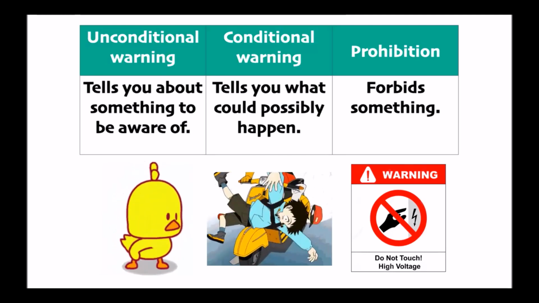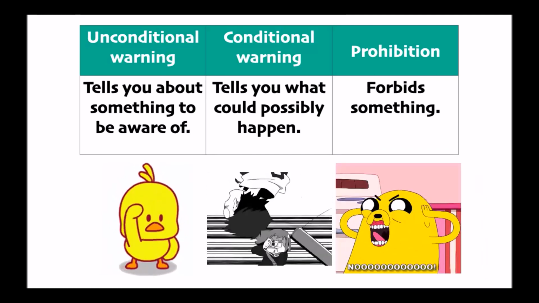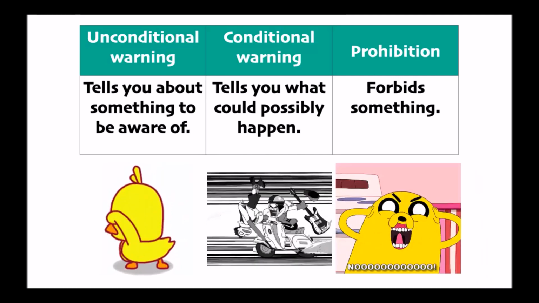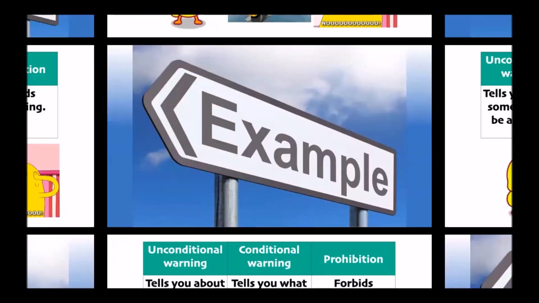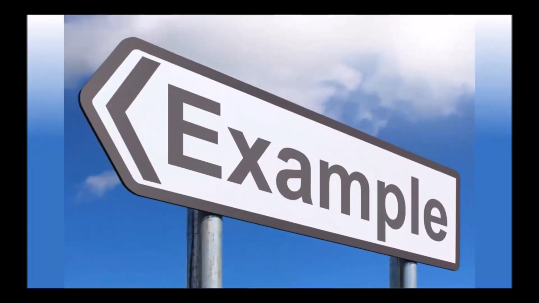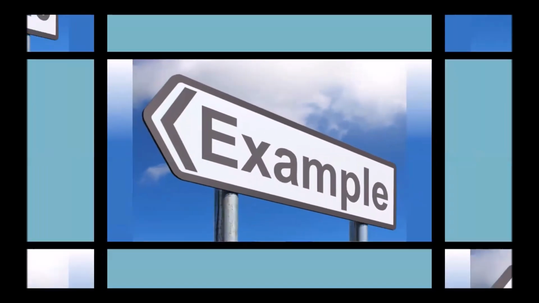Let's see some examples of what happens if we don't follow warning signs and review the structure of a conditional sentence. Warning, do not feed the animals. If you feed the animals, you will be attacked.